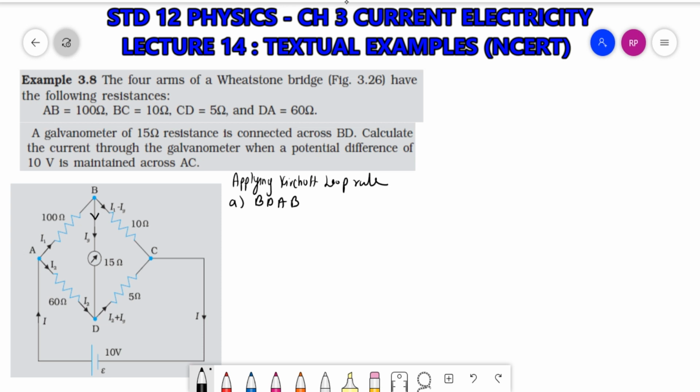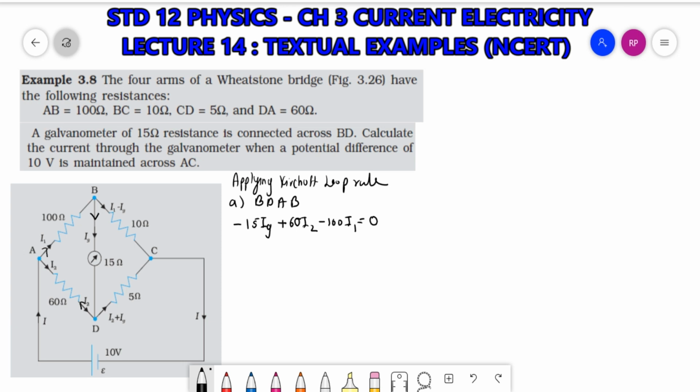As my journey and the current direction are the same, it is minus IR, so minus 15 IG. From D to A, directions are opposite, so plus IR, and the current is I2 and the resistance is 60. From A to B, it's the same direction, so minus IR, so minus 100 I1, that is equal to 0.